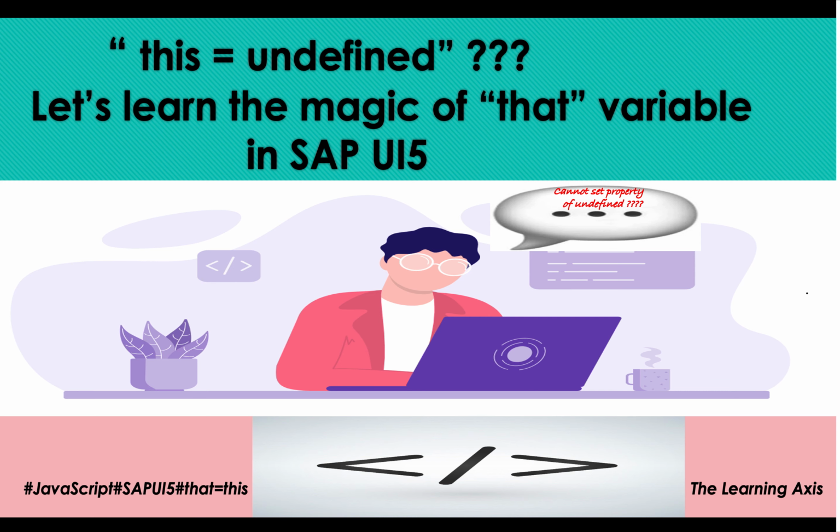So today I am going to talk about a very basic scenario which we very often come across, where we can't access this object inside the OData method call in SAP UI5 applications. For example, suppose I have an OData method call or any REST API call placed inside my controller code, and I want to manipulate some view data or access the view object inside my OData method call.